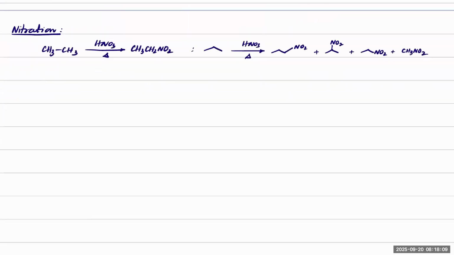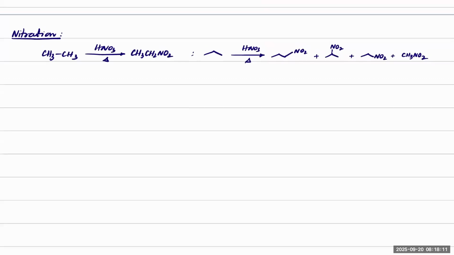Right, this is about nitration. In nitration, carbon-carbon bond will also break.